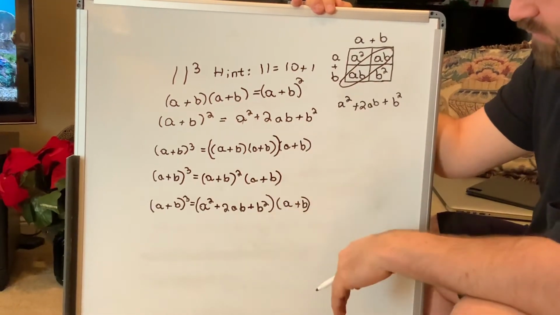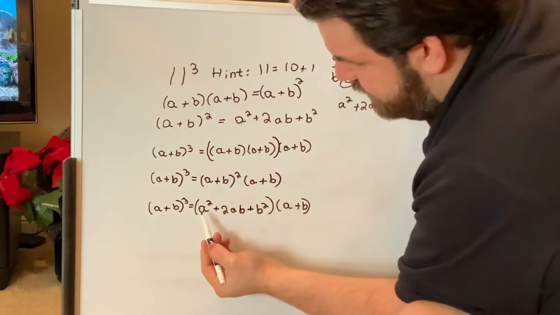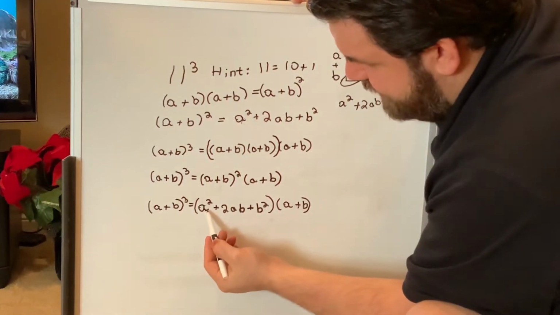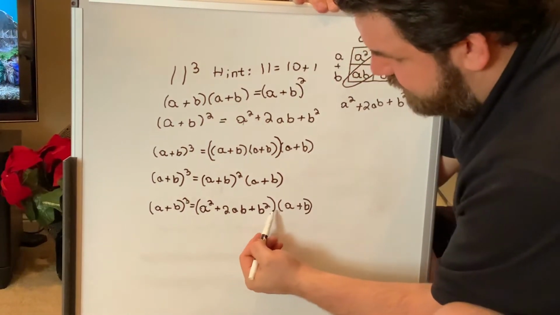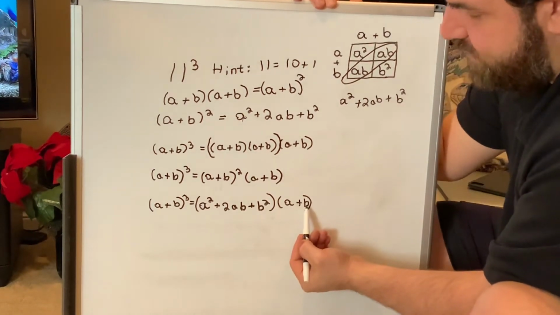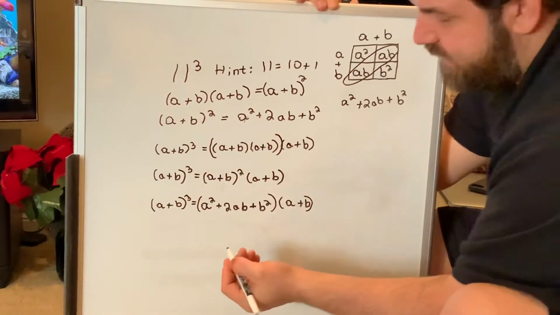All you're really going to do is multiply each one of these terms by both of these terms and just add everything up.